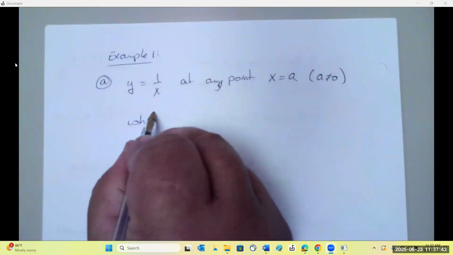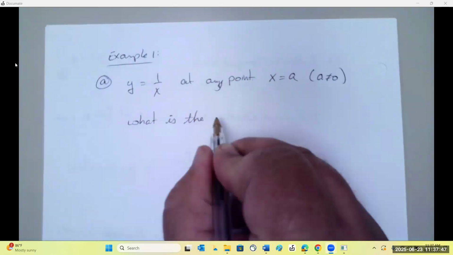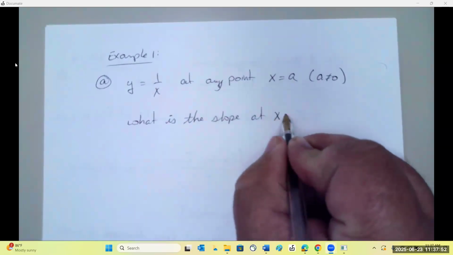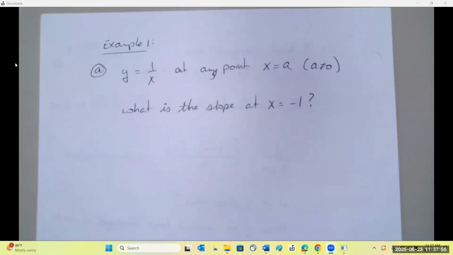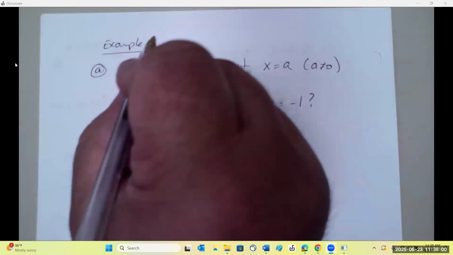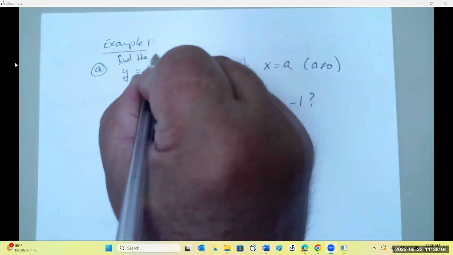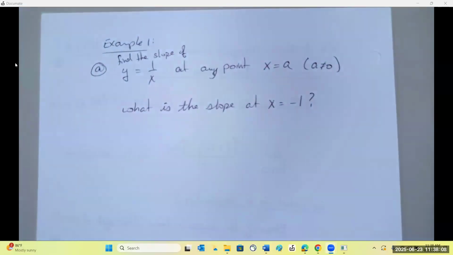What is the slope at x equals -1? So that's our first question. Here, find the slope of f of x.